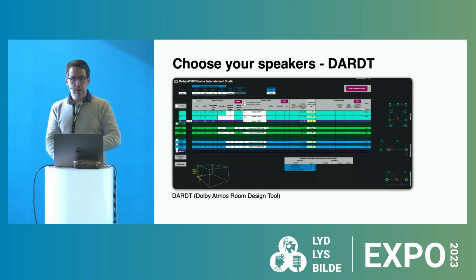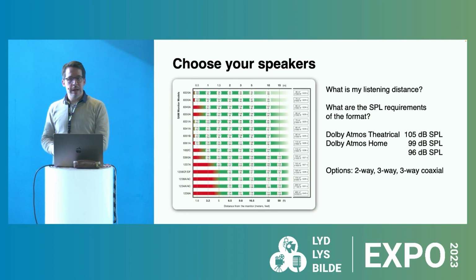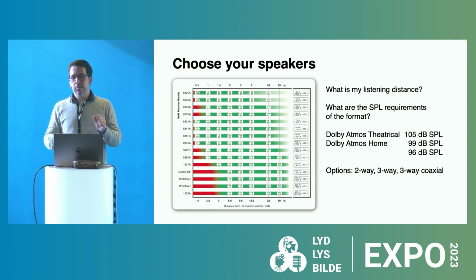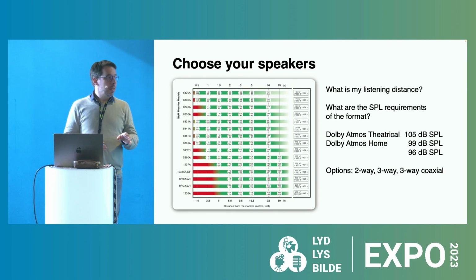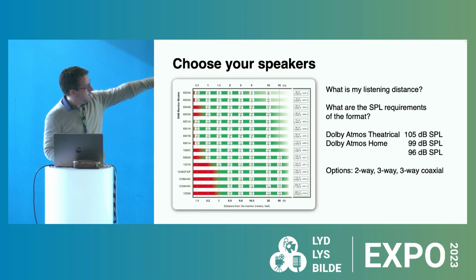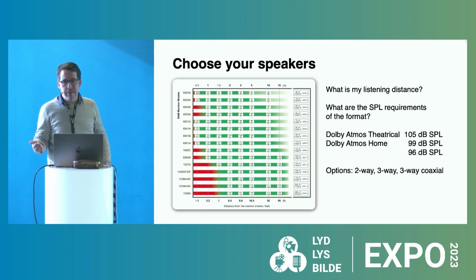When we go one Genelec step further, we have a document called the Monitor Setup Guide. This is a very extensive document which talks about room acoustics, the basics of room acoustics, and speaker placement. We also have this little chart printed. On the left-hand side, you can see all the models from Genelec that are available.